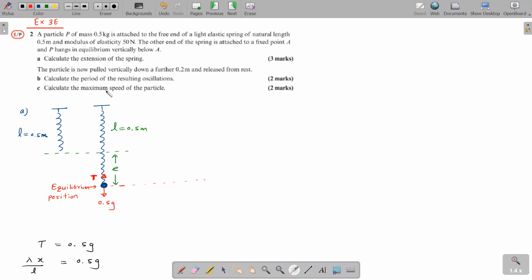Let's draw the diagram first and mark the object at a general point. This is the object at a general point. The amplitude is over here. Make sure your diagrams make sense. Amplitude is 0.2 meters.